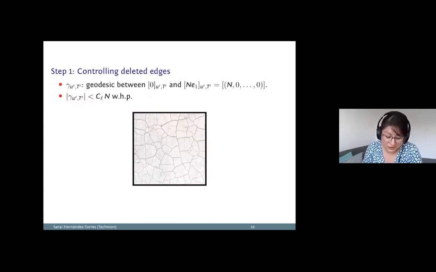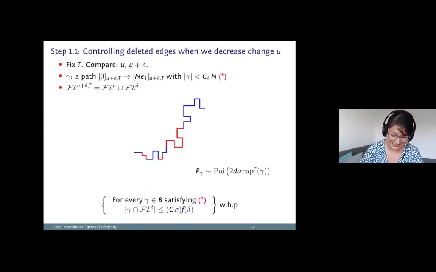And what we're going to do is to show that for every path that satisfies this, that could be a geodesic, we're going to control the number of deleted edges that we have. So we are not going to be able to have a coupling between, I don't know, boxes of our finitary random interlacements. There's no point in trying to couple the whole space, but it is enough for our purposes to understand really what happens on these paths that have the characteristics of a geodesic.